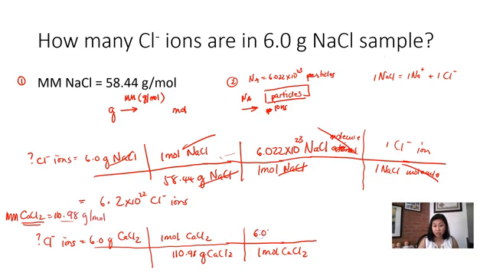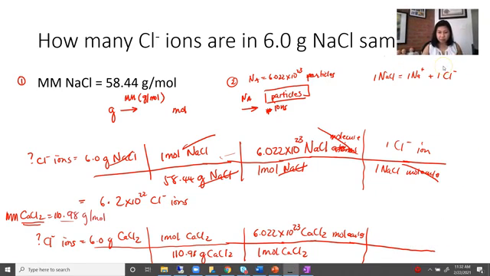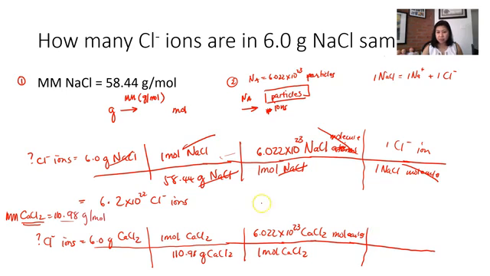It will have the Avogadro's number, 6.022 times 10 to the power of 23 calcium chloride molecules. Okay, now let's take a look at the individual molecule. A tiny calcium chloride molecule, I'm sorry, has how many calcium ions and chloride ions?